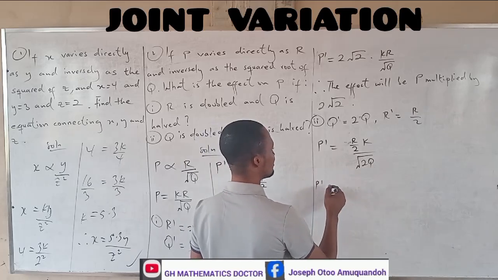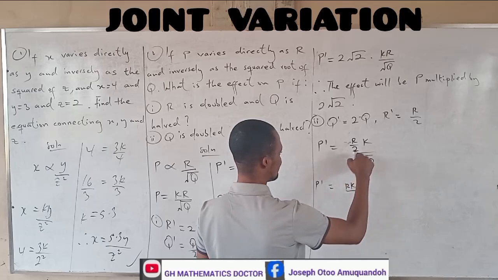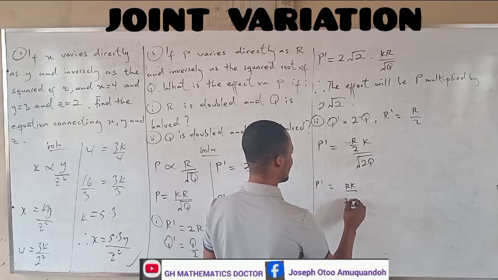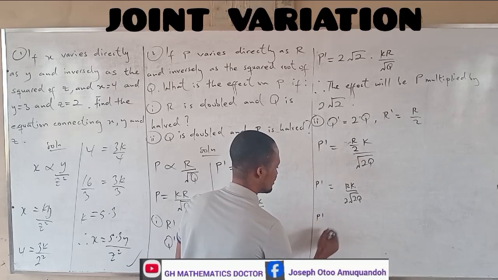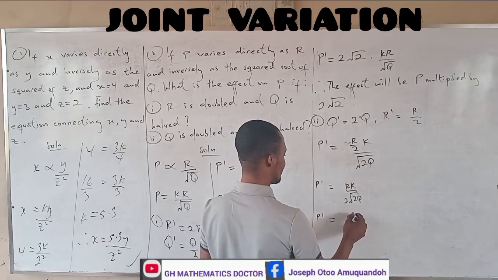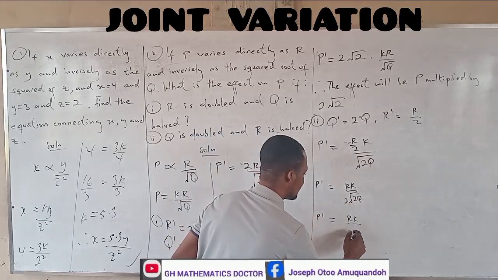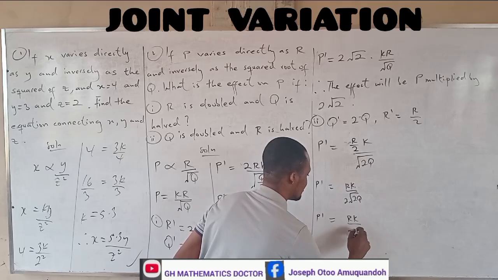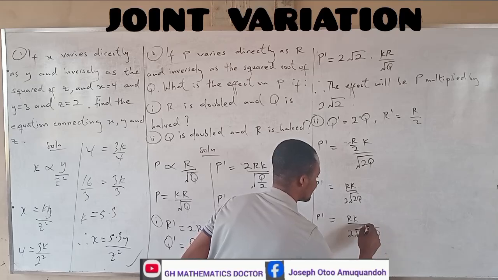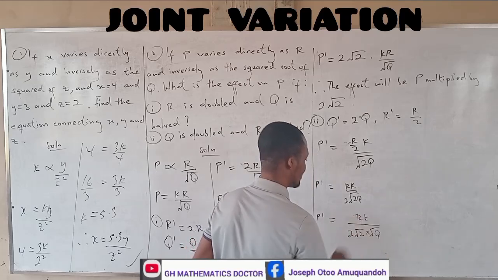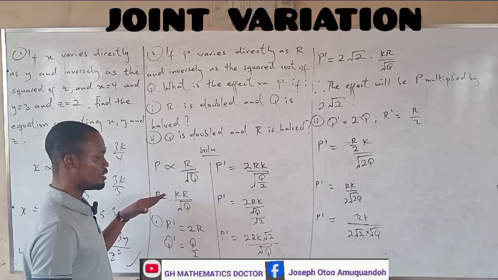So P prime will be equal to RK over 2 root 2Q. Then continue. This will give you RK over 2 root 2 multiplied by root Q. So the same expression, all in the name of getting back the original relation.